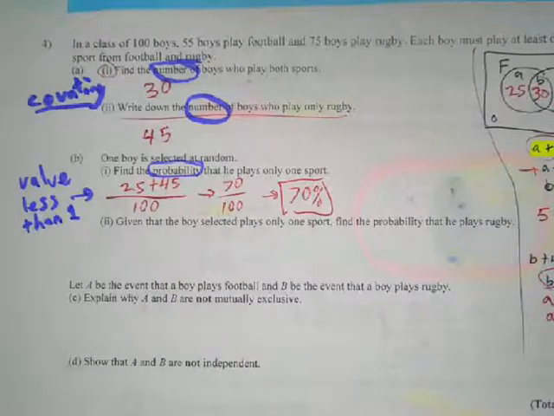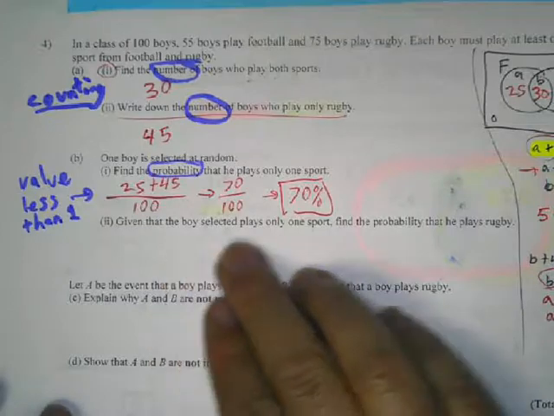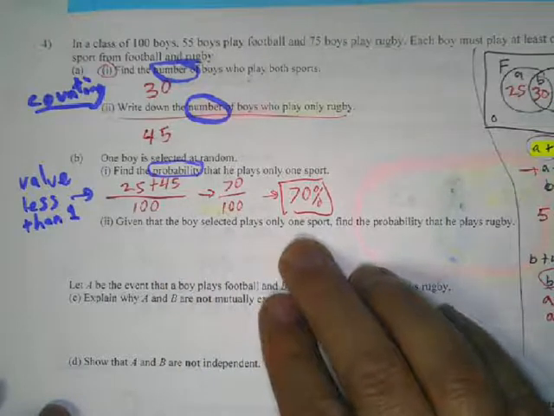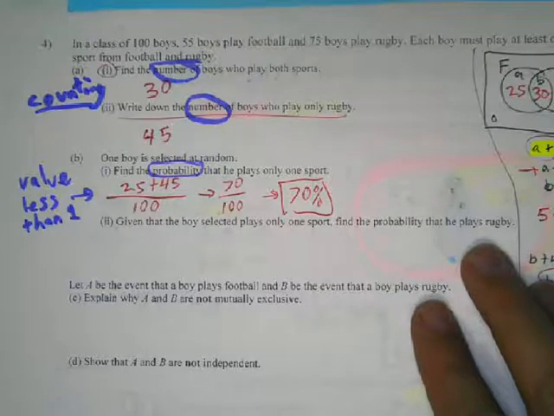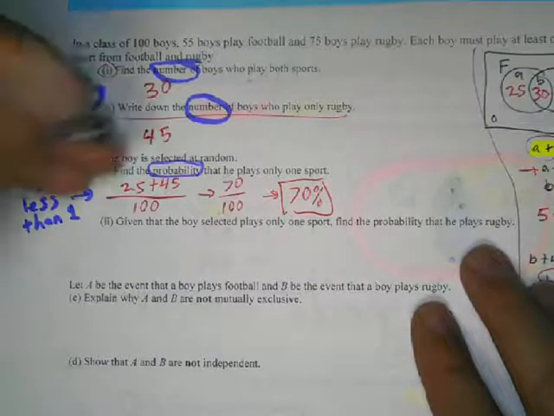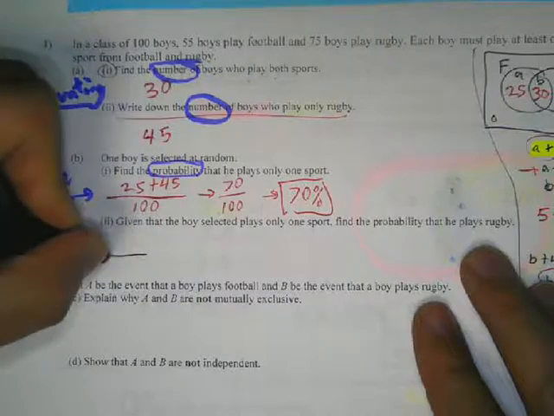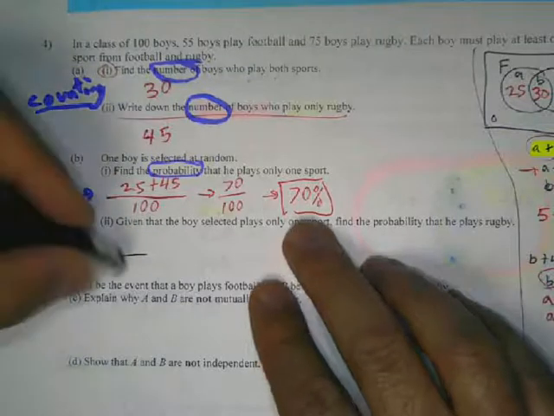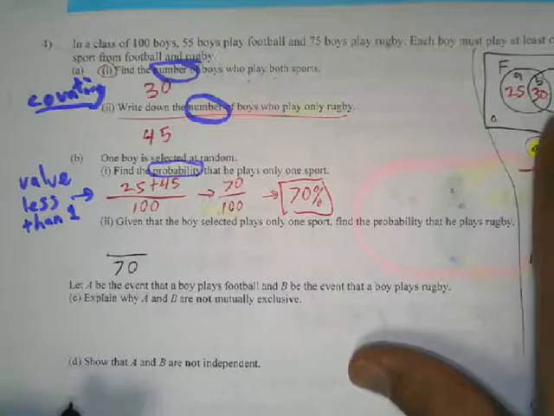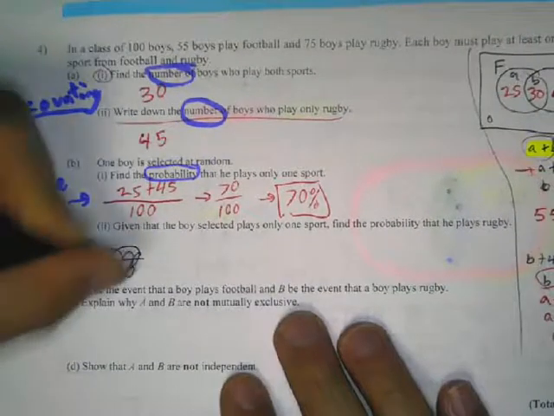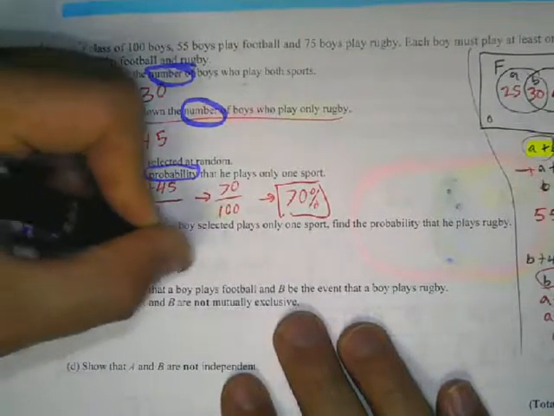Okay, given that a boy is selected at random, plays only one sport, find the probability that he plays rugby. So one sport playing people is 70, right? 25 plus 45. Let's write this down. 25 plus 45.